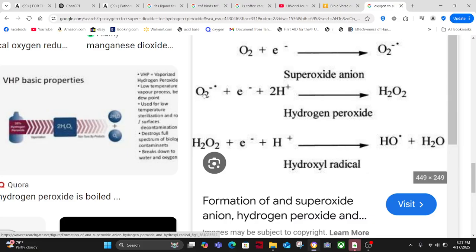Then you take the superoxide and add two electrons to it, and you get hydrogen peroxide. From hydrogen peroxide, you add three electrons, and you get hydroxyl radical. Okay, so that's what that is.